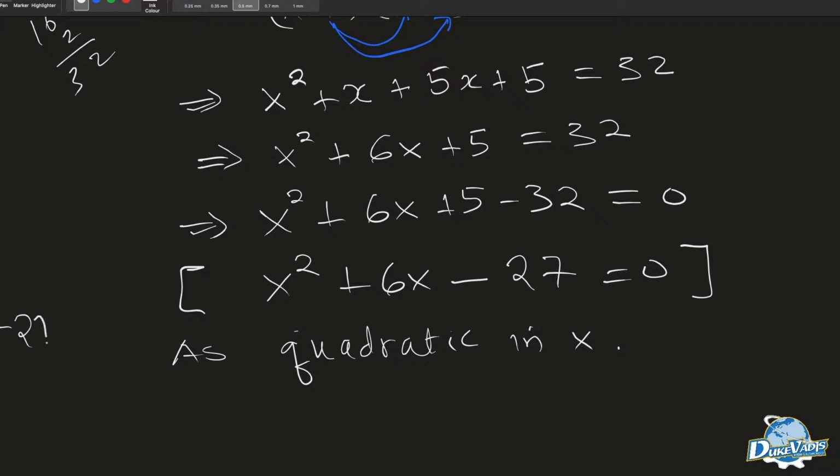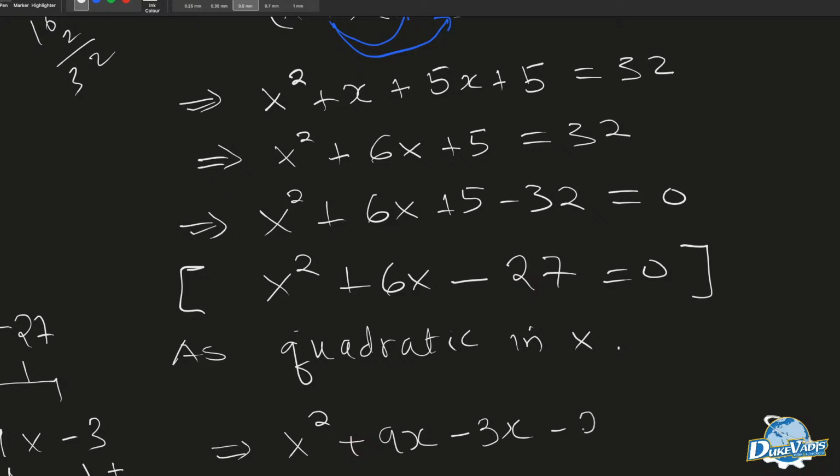The factors of negative 27 that will give us positive 6 will be 9 times negative 3. When I add them together, I get 6, so these will be the factors. This implies that x squared plus 9x minus 3x minus 27 is equal to 0.